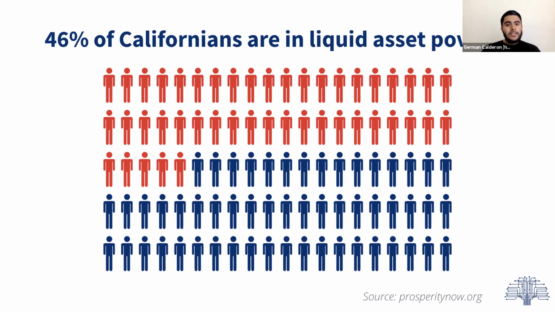And an income shock could be something like a sudden huge rent increase, you lose your job, your car breaks down, things like that. And it impacts almost 1 out of 2 Californians. So 46% of Californians are in liquid asset poverty, and people of color and lower income people are affected at much higher rates. So 67% of Latino households are in liquid asset poverty, and 63% of African American households are in liquid asset poverty.